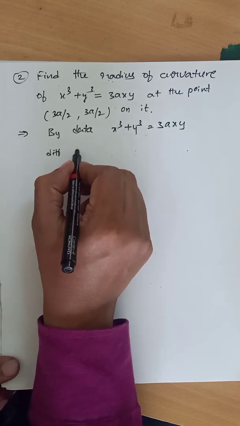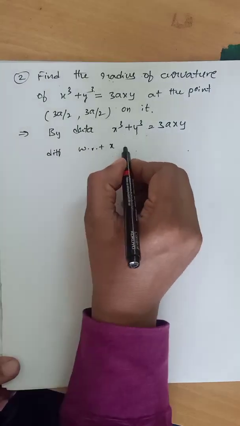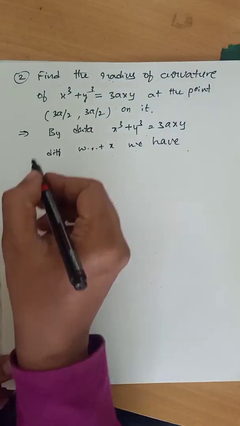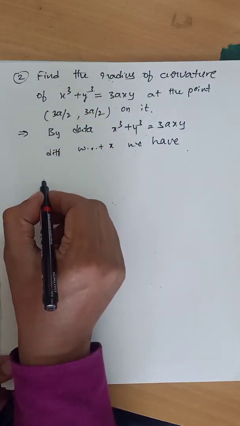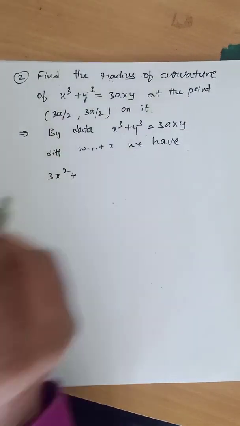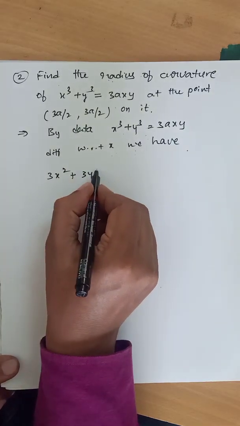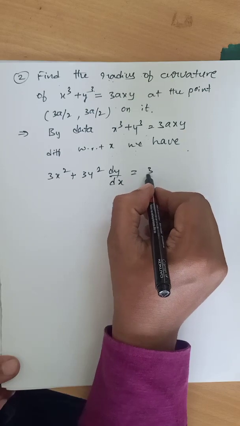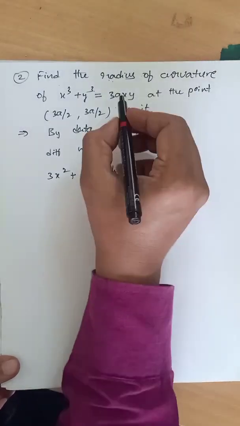Differentiate with respect to x, we have the derivative of x cube is 3x square plus the derivative of y cube is 3y square into dy by dx is equal to 3a, constant common.